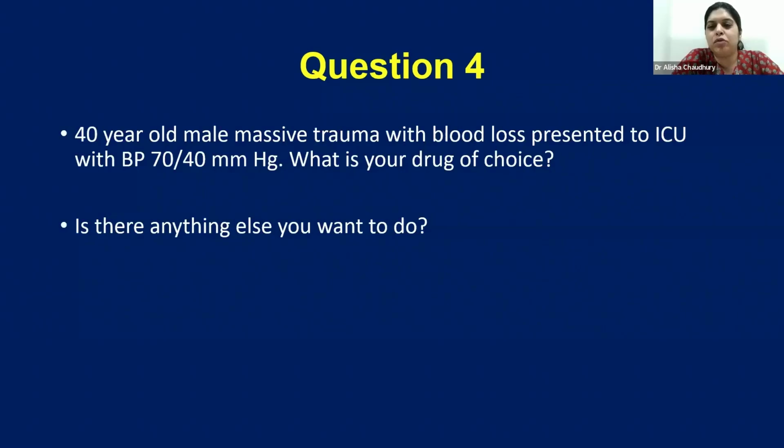So one person has told fluid bolus. Fair enough. You can initially give fluid, but more important than that, it's a hemorrhagic shock. So what will you give? Okay, you will start fluid.